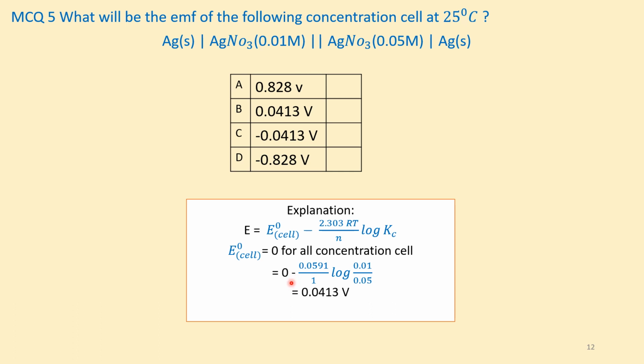Therefore, substituting, E is equal to 0 minus 0.0591 divided by n. The number of electrons involved is 1 only. Therefore, that is equal to log of 0.01 M divided by 0.05, and it becomes minus 0.0413 volts. Please mark it.